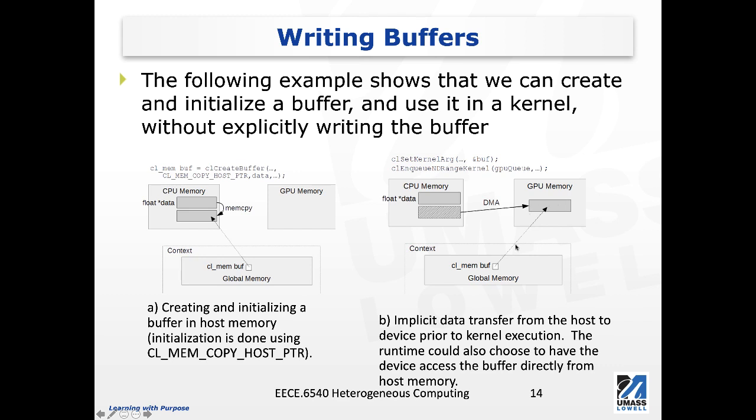As a result, the buffer object is in fact pointing to some space in the device memory. So this implicit data transfer from the host to the device is done prior to kernel execution. The runtime, in fact, can also choose to have the device access the buffer directly from the host memory.